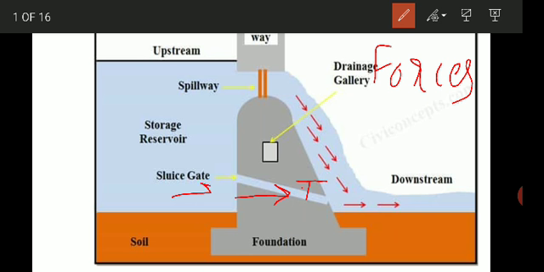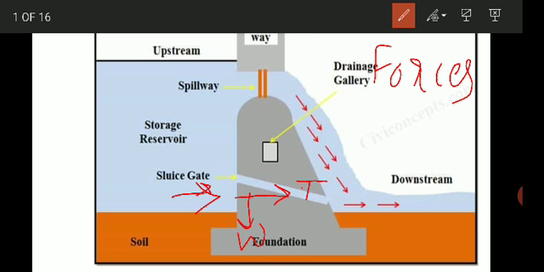The water present in the reservoir tries to displace the dam in a horizontal direction. Then this is the self weight of the dam, that is W, the weight of the dam, which acts in the downward direction and tries to keep the dam in position.